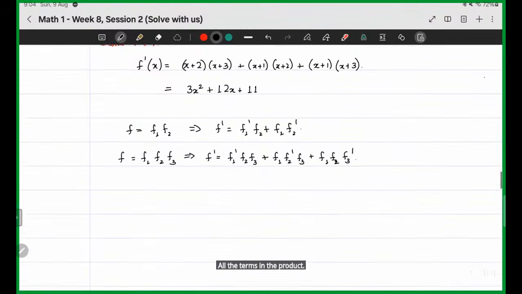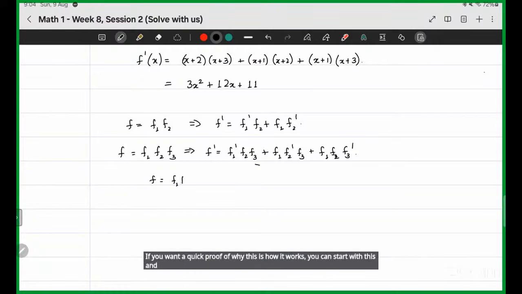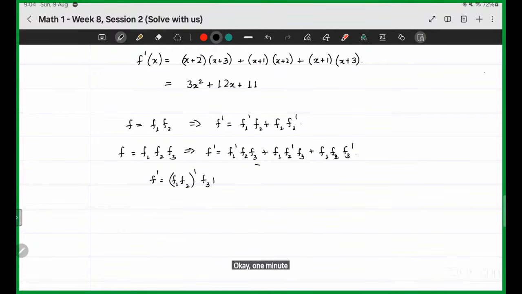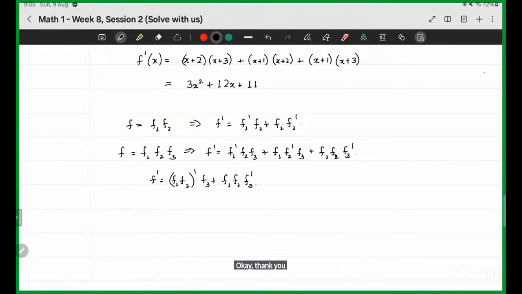And if you want a quick proof of why this works, you can start with this and apply the product rule. Plus f1 only f2 differentiation. So you'll differentiate only f1 first, then only f2, then only f3.